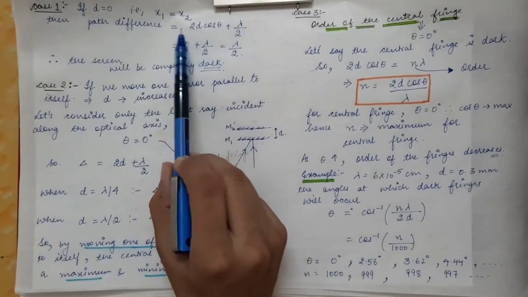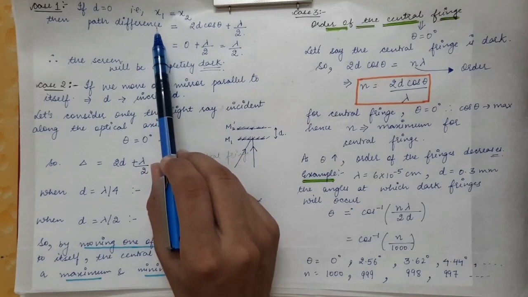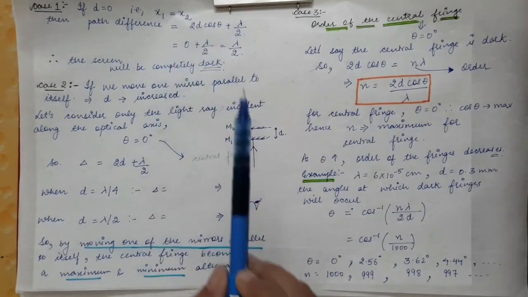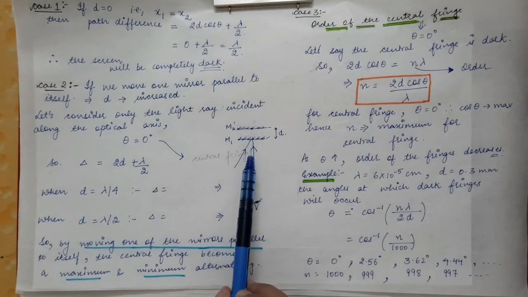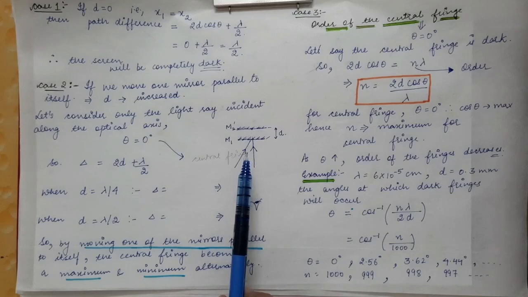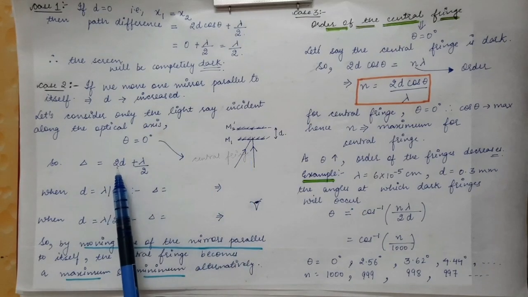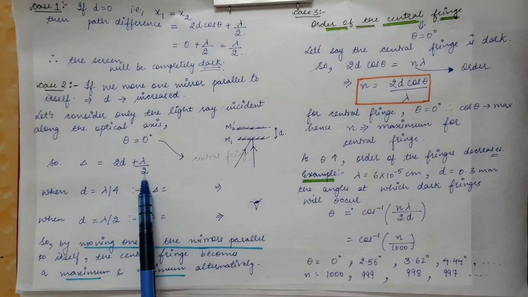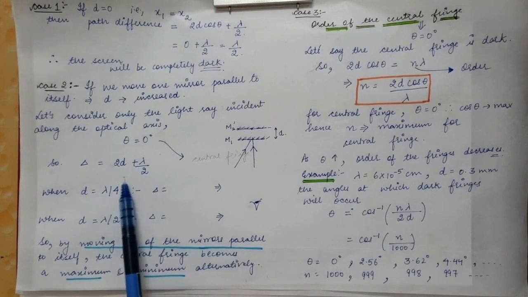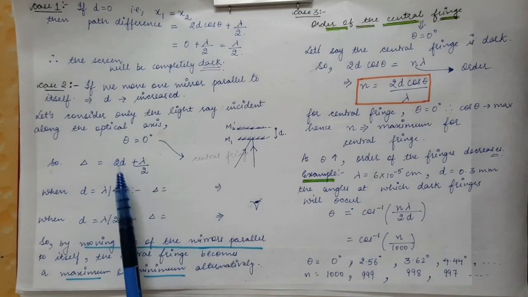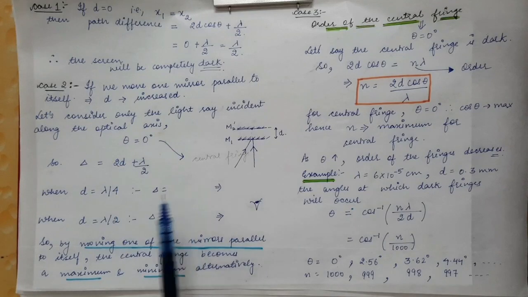So the path difference between the two interfering beams which make up the central fringe will be equal to 2d plus lambda by 2.